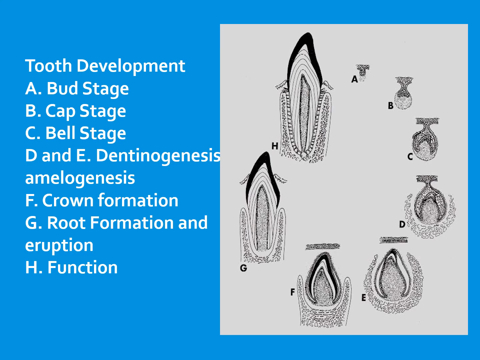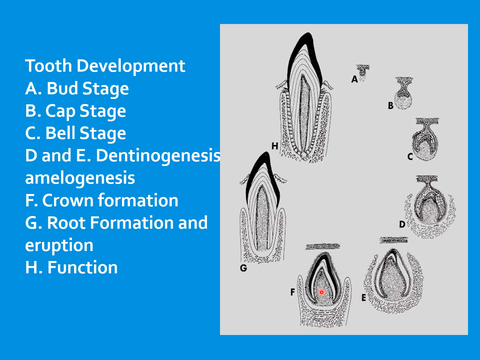First one is the bud stage. This is the bud stage. And second, when the enamel organ appears like a cup, this is called the cup stage. C, this is the early bell stage. And D, this is the late bell stage, or called appositional stage, when the dentine and dentinogenesis develop, or crown formation in this stage.